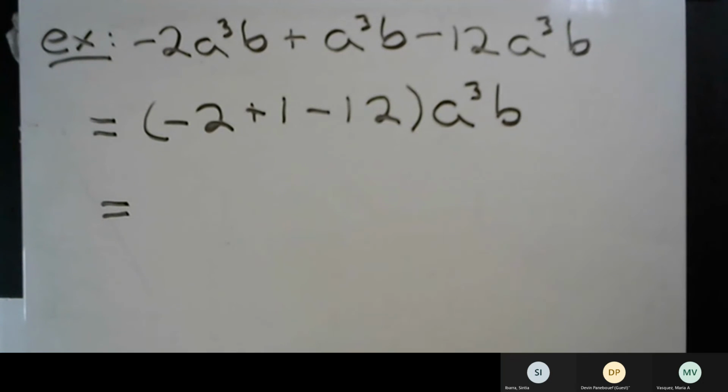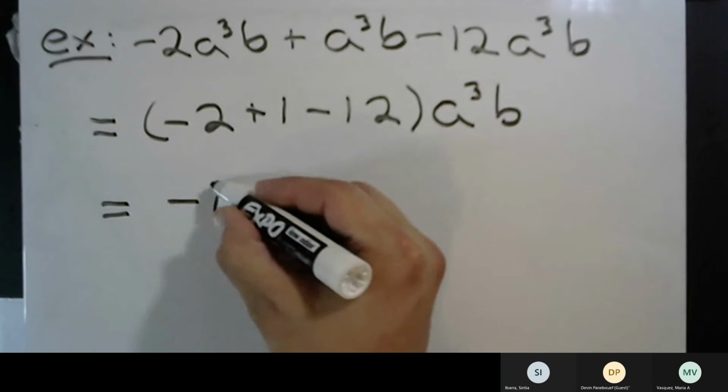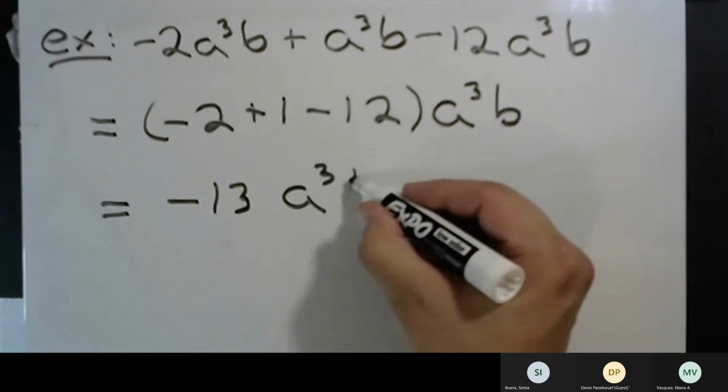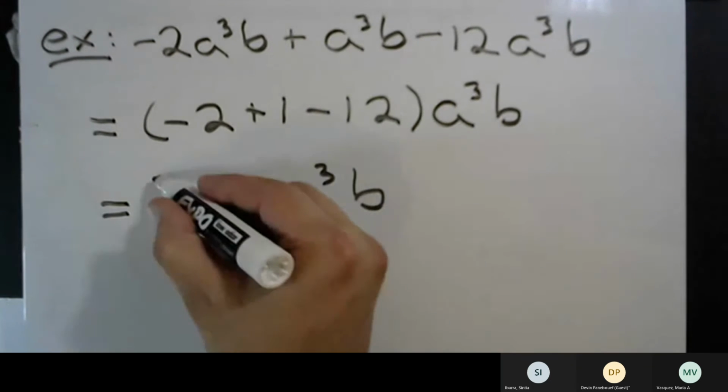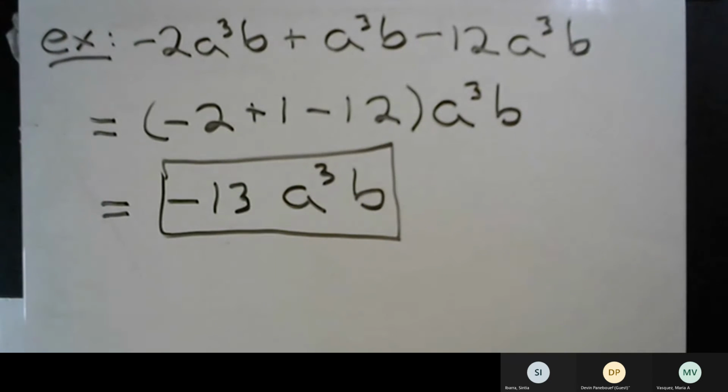And so -2 plus 1 is -1. And then we'll have a -1 minus 12. We'll get a -13 a cubed b. Questions about that?